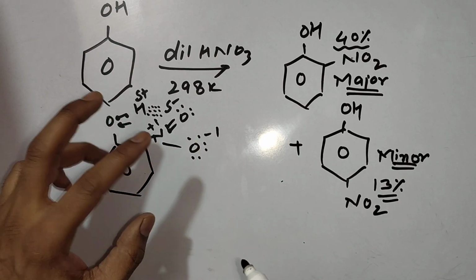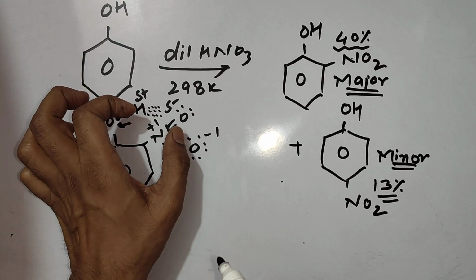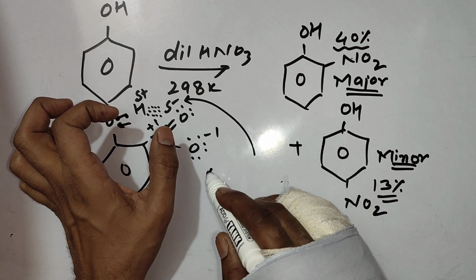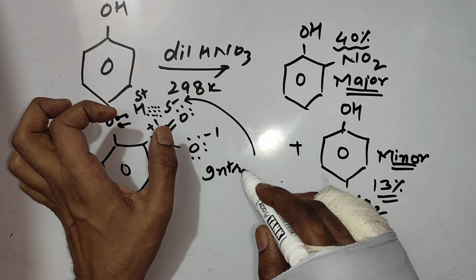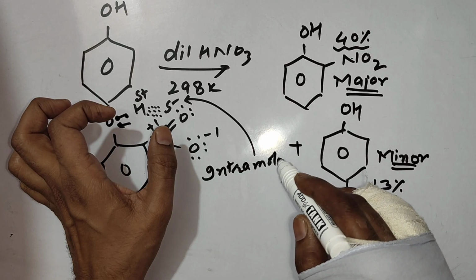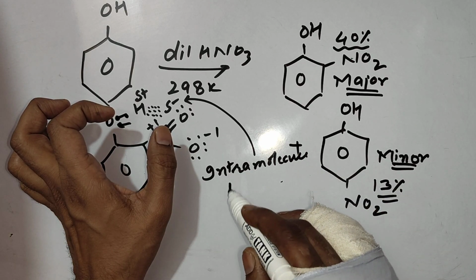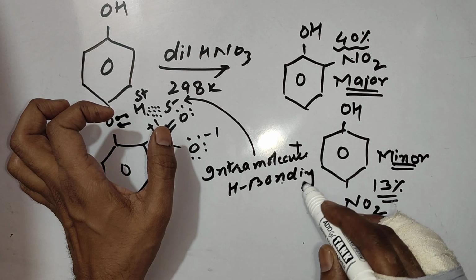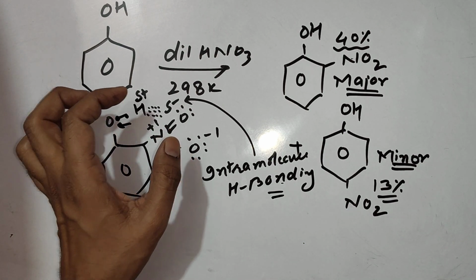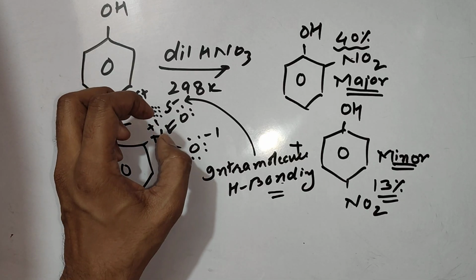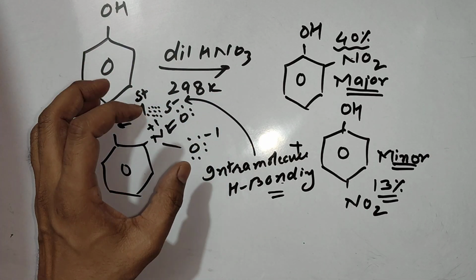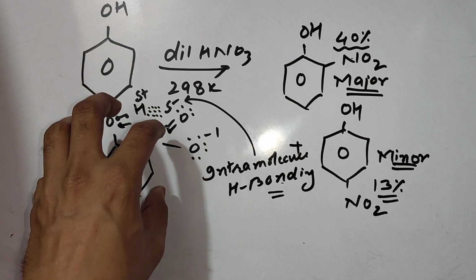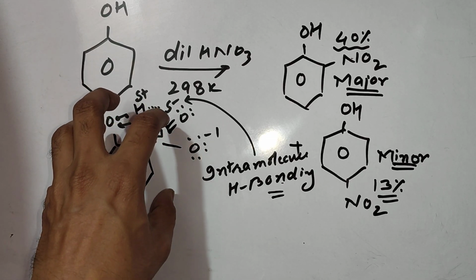Means the two groups are holding each other, and this force of attraction between hydrogen and oxygen is known as intramolecular hydrogen bonding. Due to this intramolecular hydrogen bonding, the groups are attracting each other. Rather than repulsion, they are attracting each other. That's why this molecule is getting extra stability.